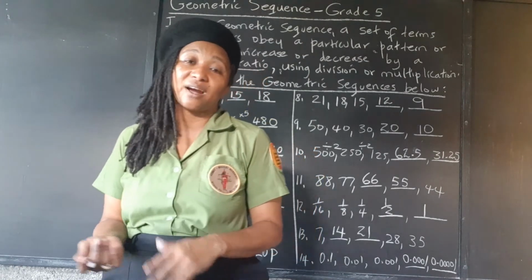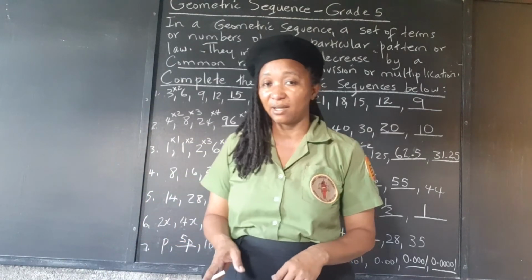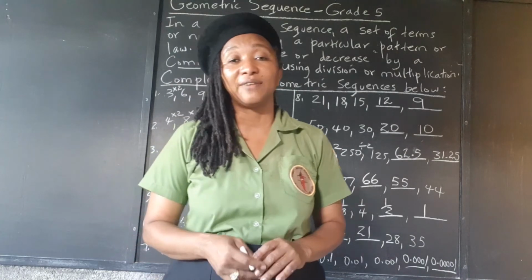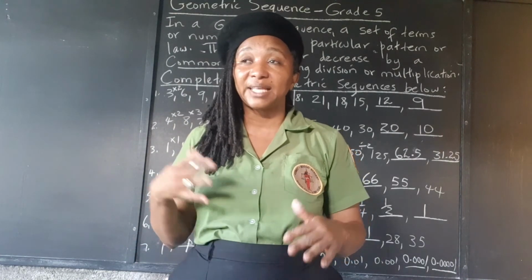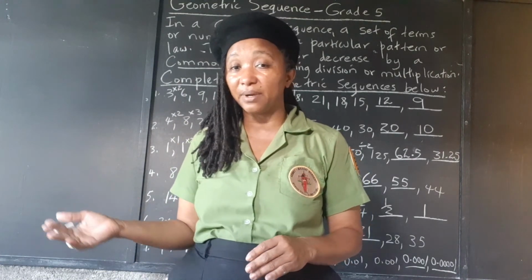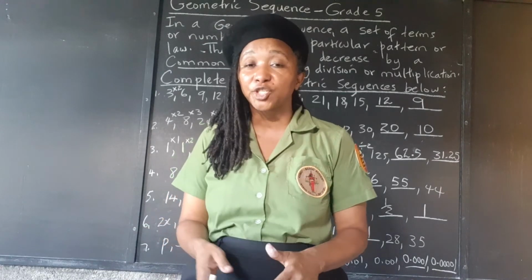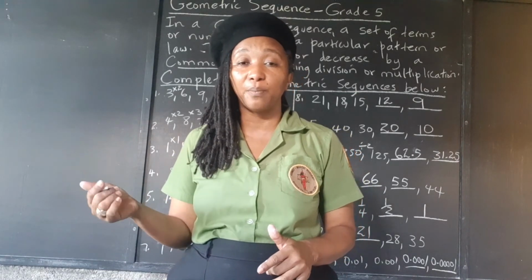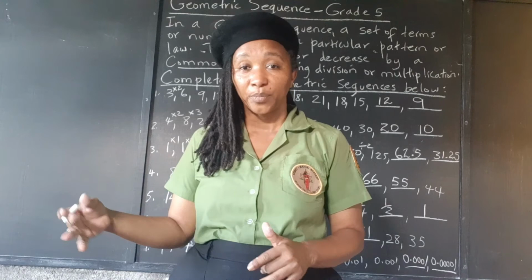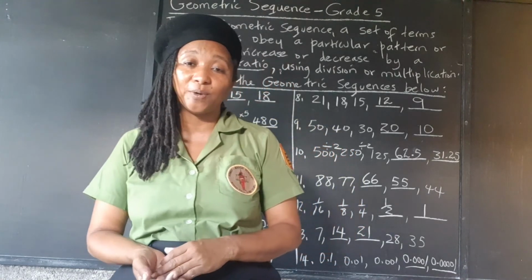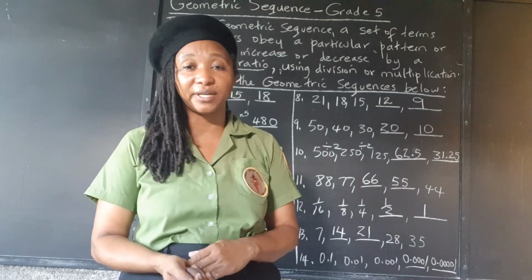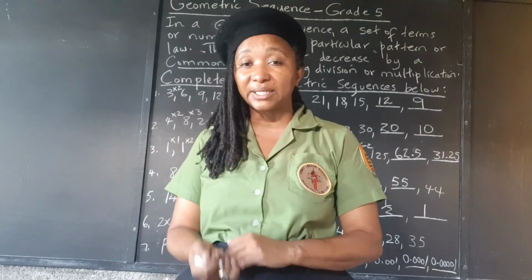So these are more complicated patterns, so you have to look carefully. If it's not exactly going up by a times table, then it could mean each term they are doing something to the common ratio each time. Alright, so just look carefully at those and you'll be able to figure out the pattern and then complete the sequences.